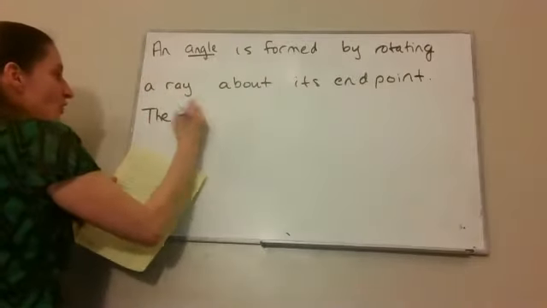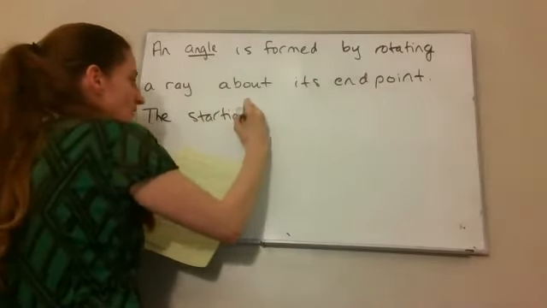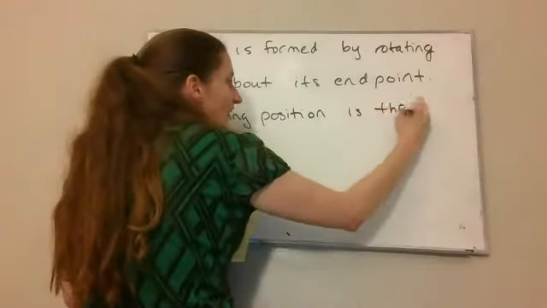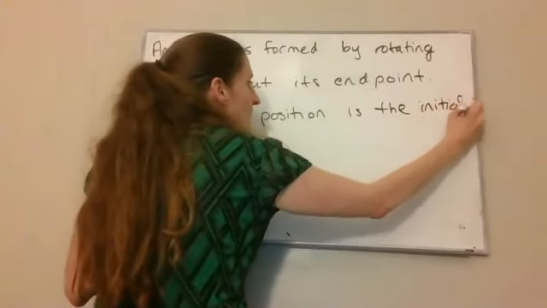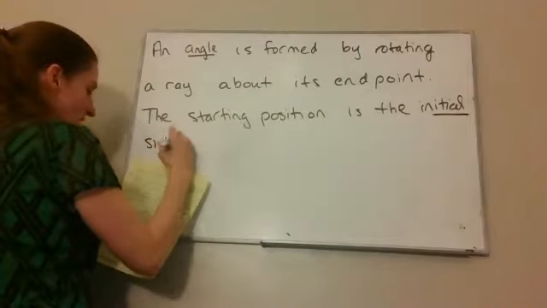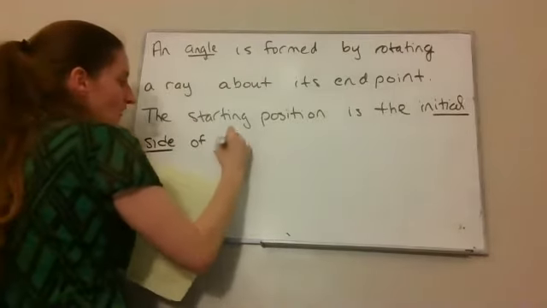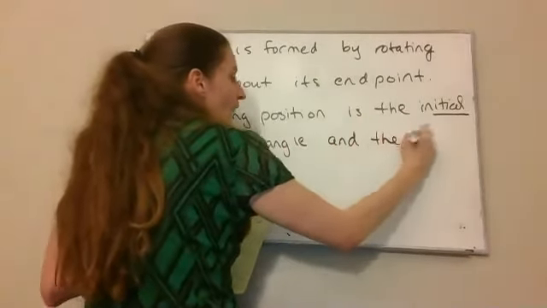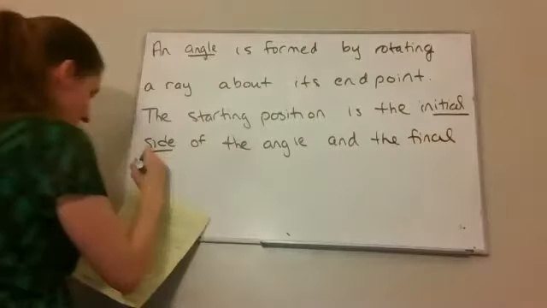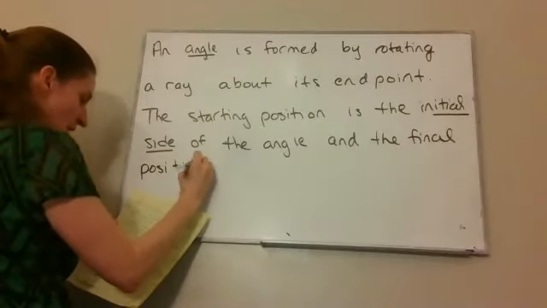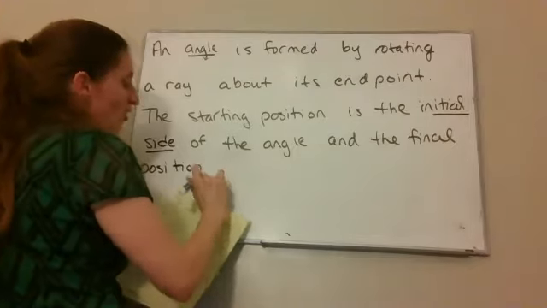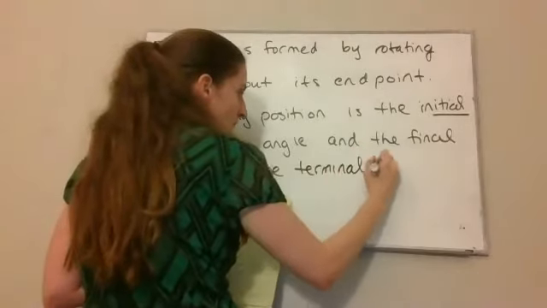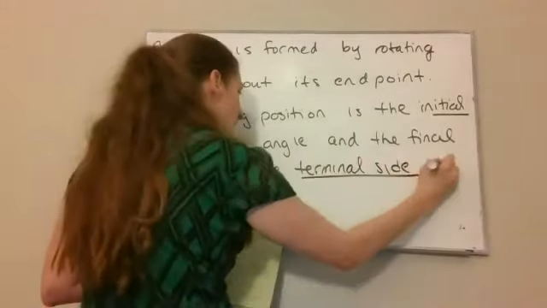The starting position of the ray is the initial side of the angle, and the final position is the terminal side of the angle.